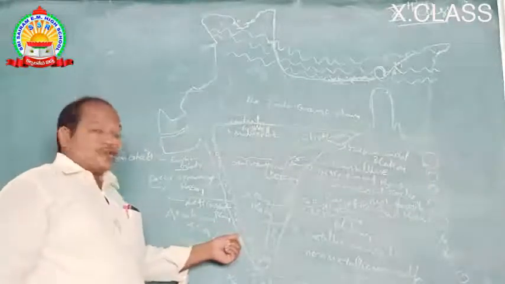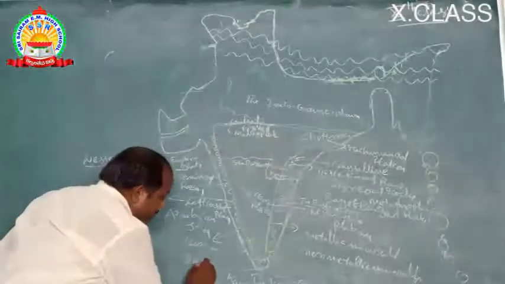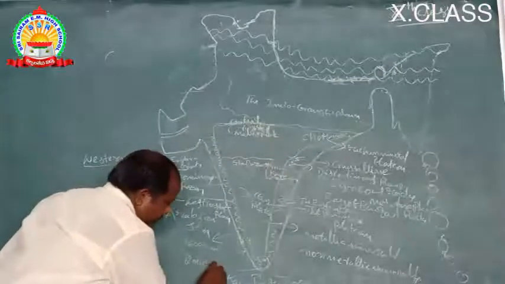The average elevation of the Western Ghats is more than 1000 meters.